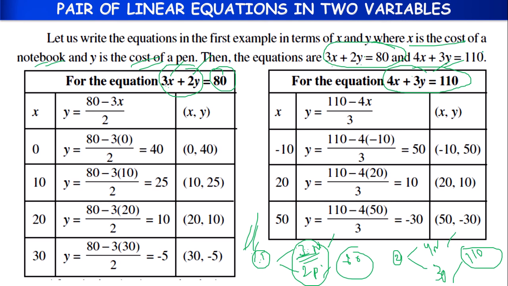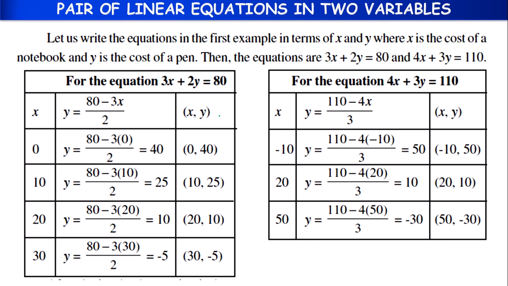The second one is the equation of the situation given by the second girl. So like this, we have 2 equations. Now let's try to solve them. Let's try to find the values of X and Y, the values of notebook and pen.